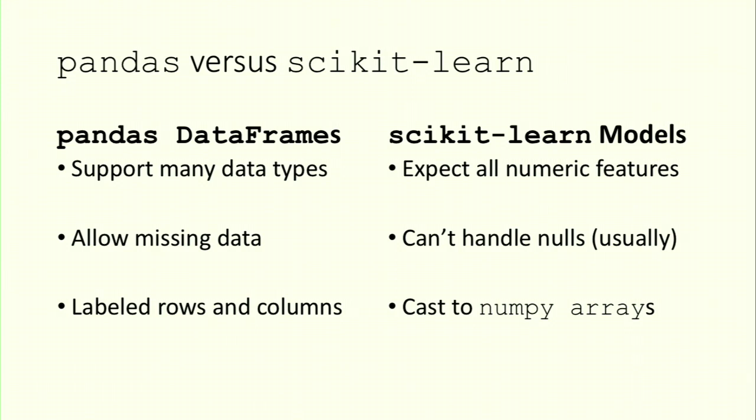And finally, pandas data frames have labeled rows and columns, which is really useful when you want to interpret your model. If it says, oh, feature 42 is really important, great, what the heck is feature 42? Scikit-learn models and transformers will downcast to NumPy arrays, which strip out these labels. So we really want to put those back on.